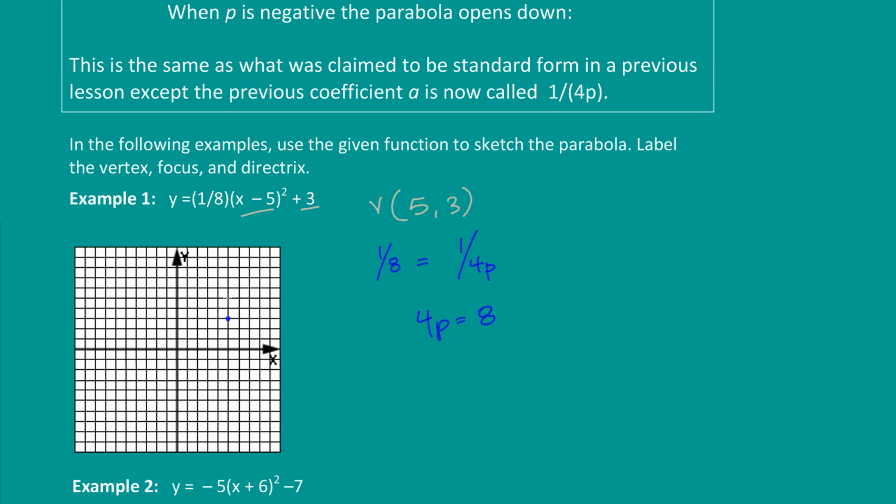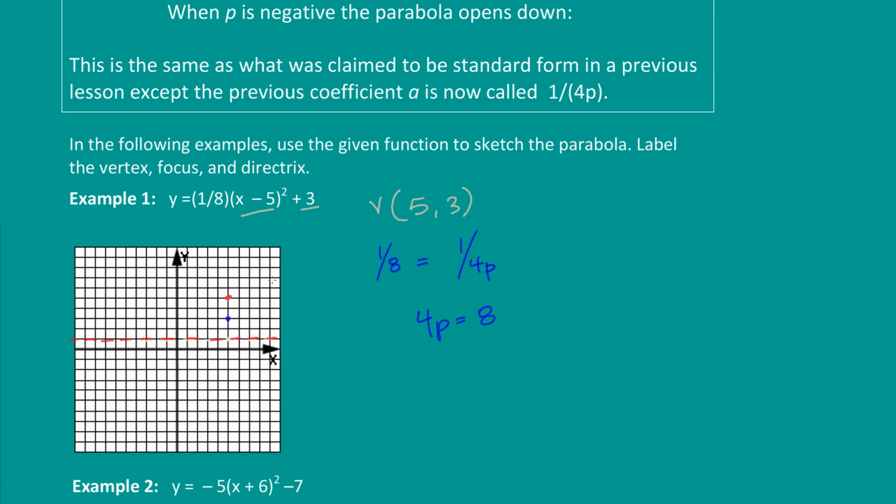Going up from our vertex would be a value of 2, and going down to our directrix would be a value of 2. So we've got this line right here as our directrix. Here, let me pick a brighter color. That's our directrix. Our focus is right there.